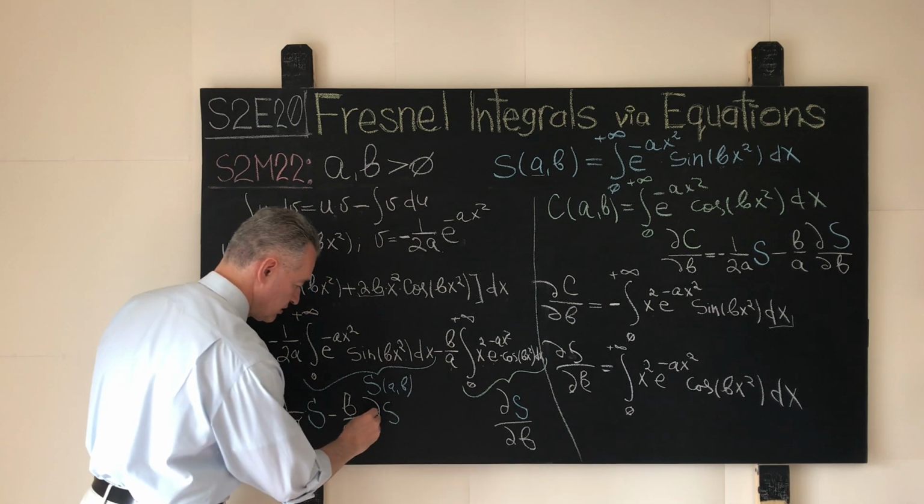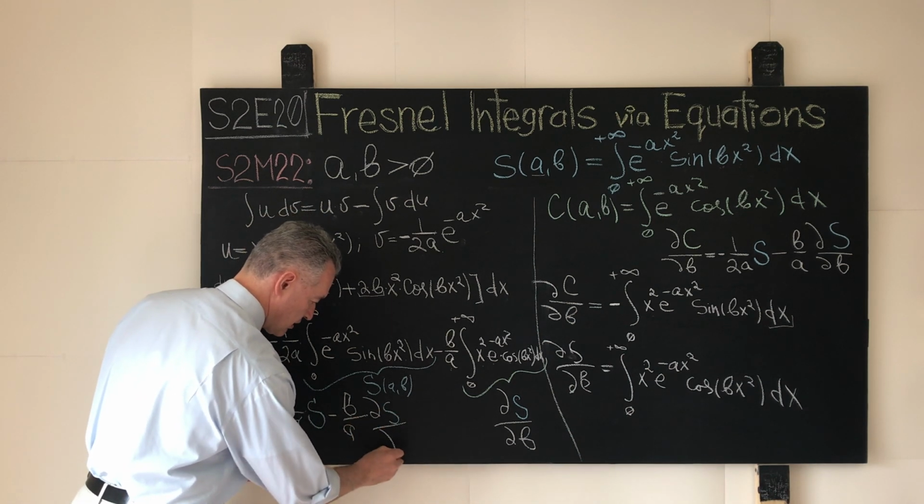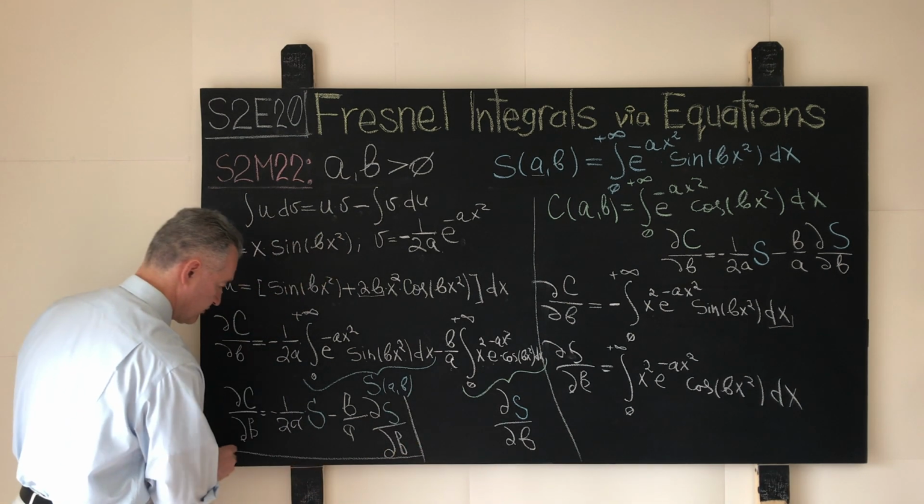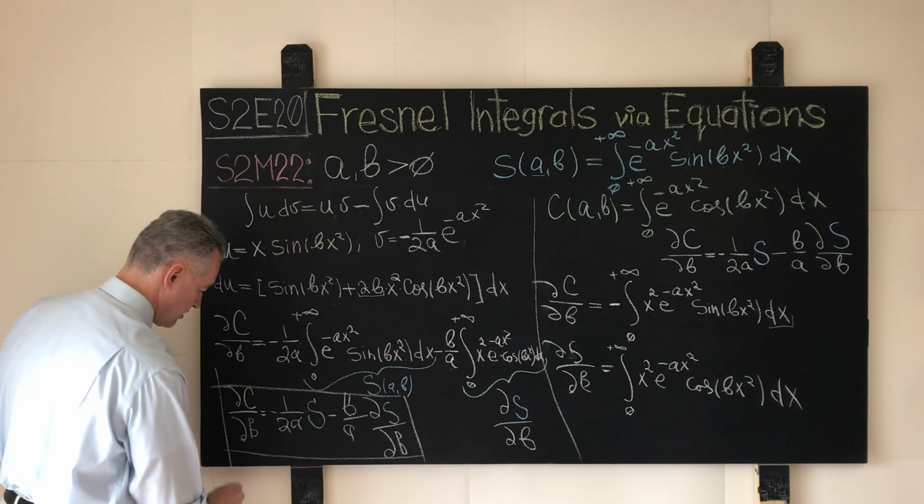I'll use the blue color. Here's the times d, again variable b. This is our result that we were aiming for.